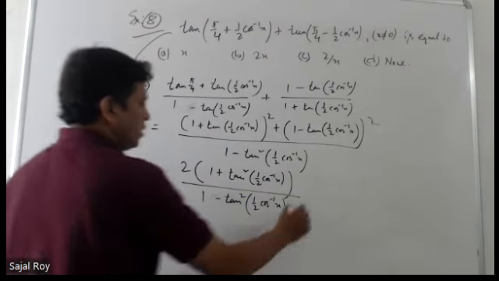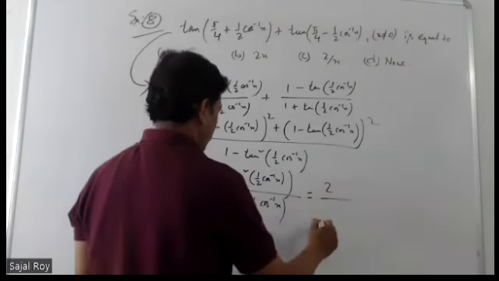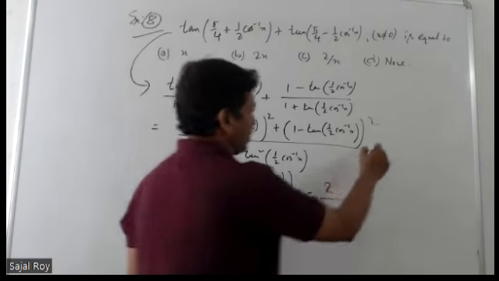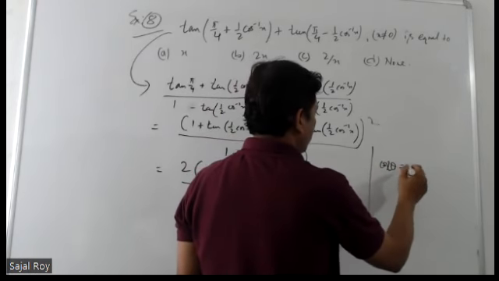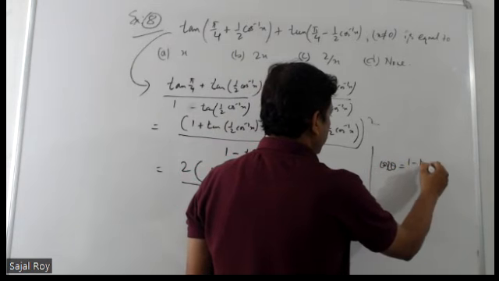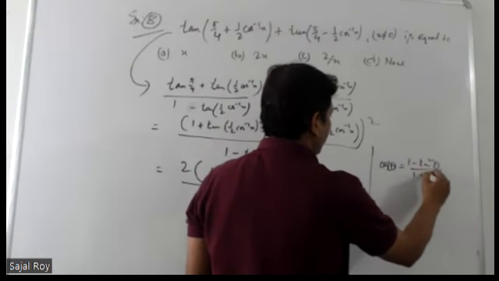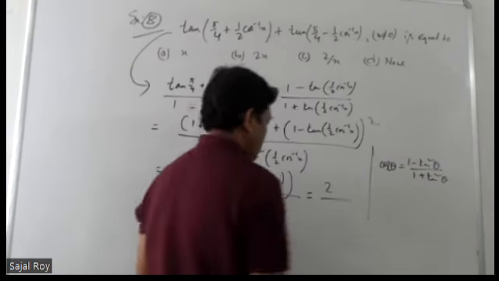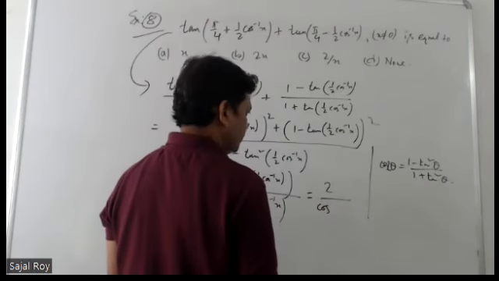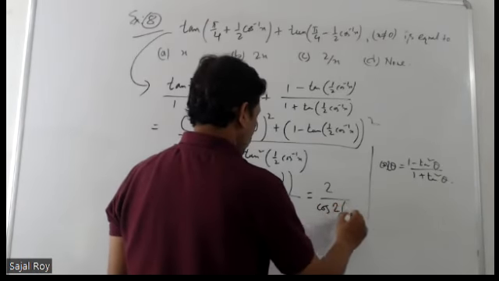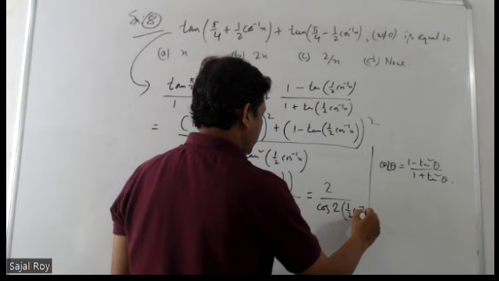Okay, so that is equal to 2 into, the formula is cos 2 theta equal to (1 minus tan square theta) over (1 plus tan square theta). So this is equal to 2 over cos of 2 times half cos inverse x, right?